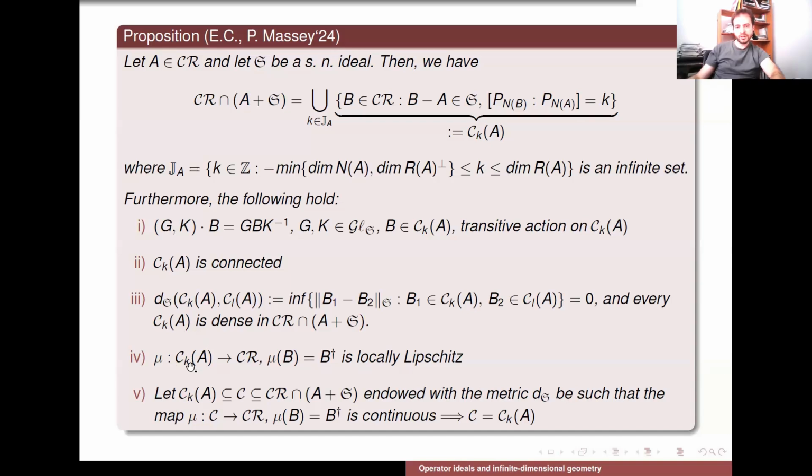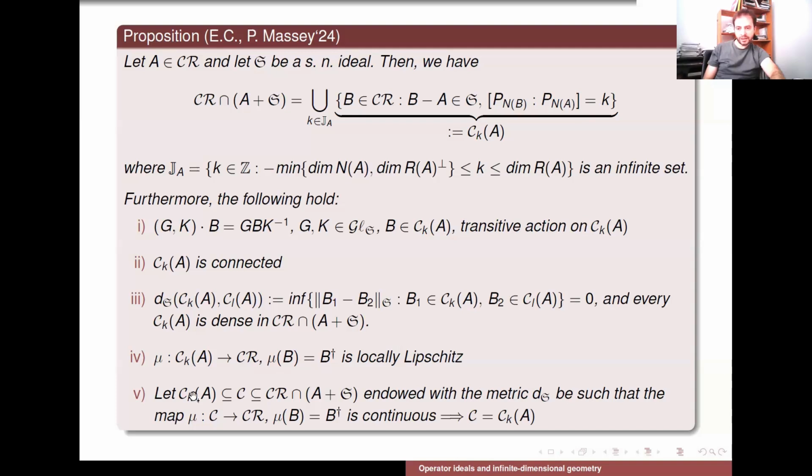It can be shown using our previous result about continuity, which is related to the index of the projections onto the null spaces, that this map, the Moore-Penrose inverse, restricted to these sets, which are indeed orbits, turns out to be a locally Lipschitz map. This is, again, a consequence of Wedin's formula.